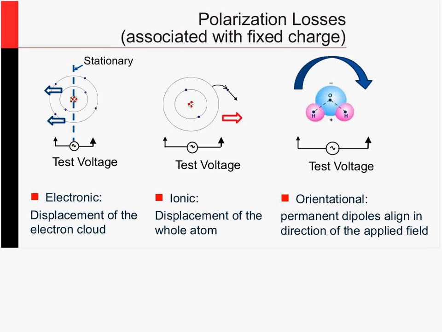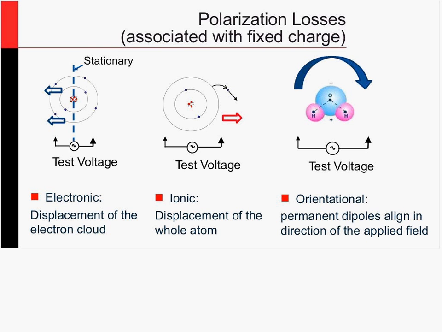So a lot of times, instead of atomic polarization, this is called ionic polarization. Since it has a charge, when you apply voltage, this whole atom is going to move relative to the field set up with the applied voltage. However, you see this more in crystalline materials like salt. So that's ionic or atomic polarization.